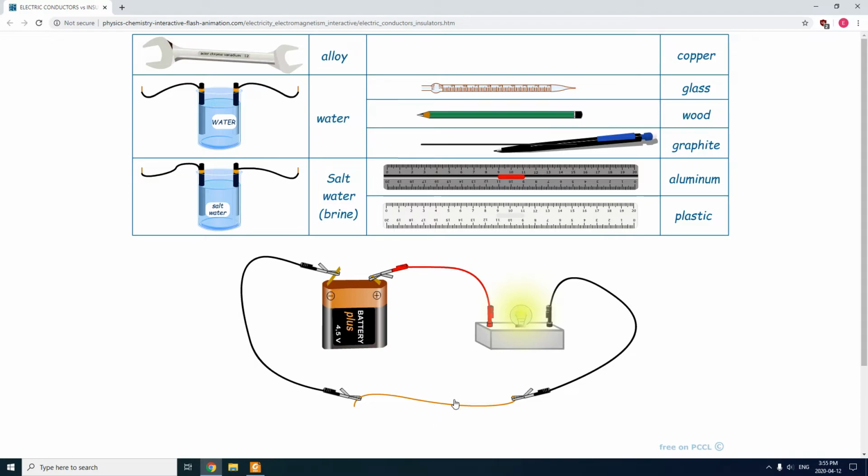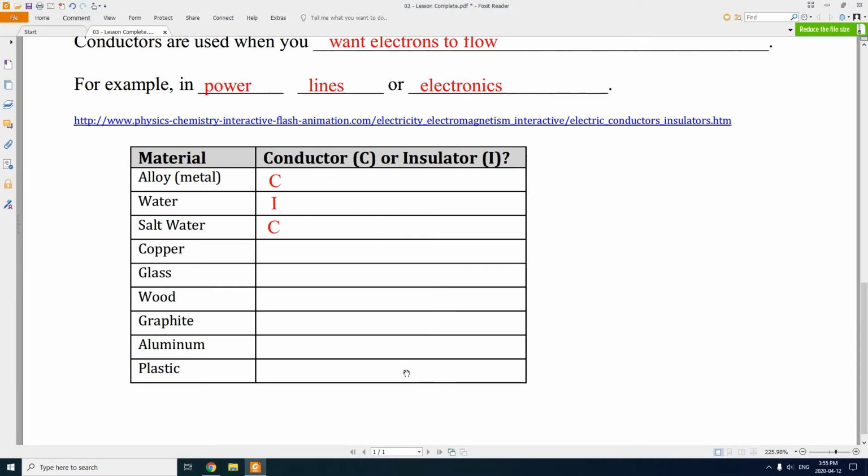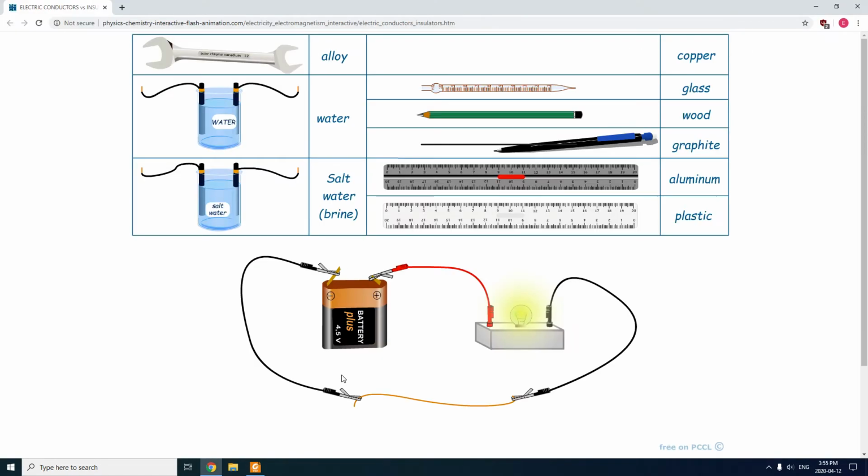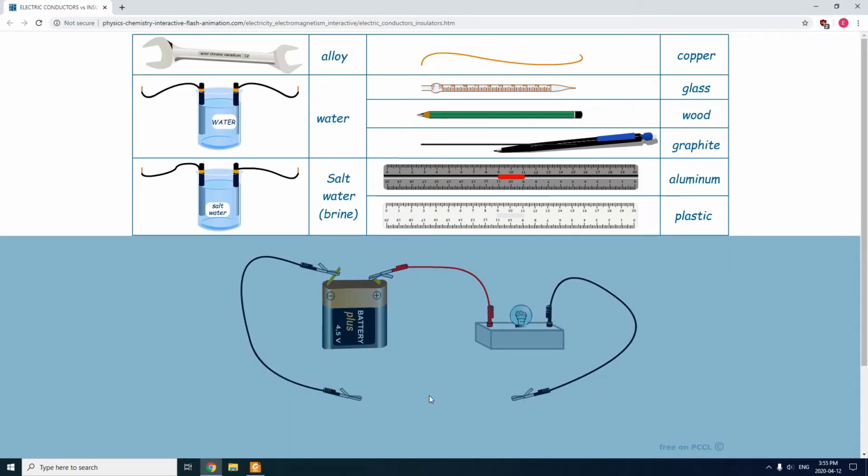But these wires are already made out of copper. Copper is a conductor. All of the power lines out there are made out of copper. The wires that are running through your walls that go to your lights and your light switches are all made out of copper too. Copper is a relatively cheap conductor, relatively cheap metal.